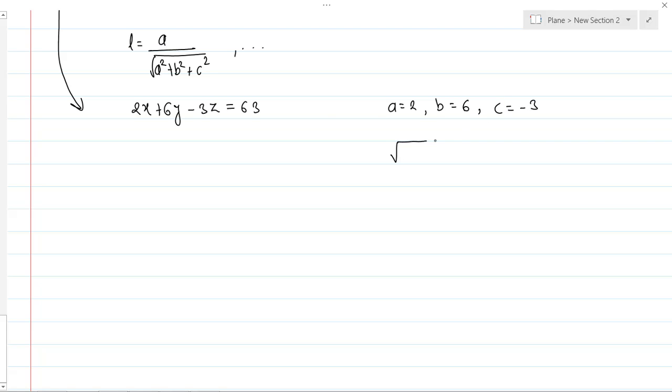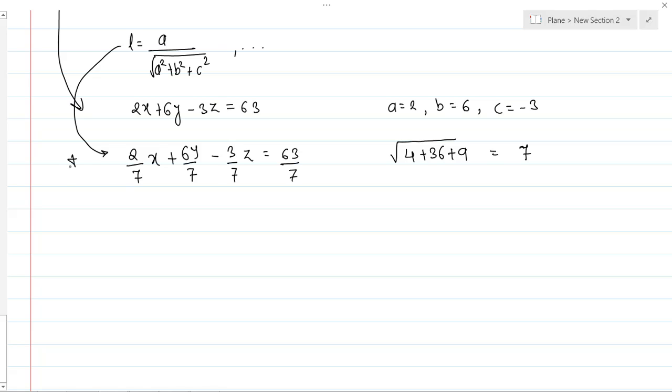So root of a square plus b square plus c square will be equal to root of 49, which is equal to 7. Simply, I am dividing by root of a square plus b square plus c square. So what you will get is 2 by 7 x plus 6 by 7 y minus 3 by 7 z equals 63 by 7.